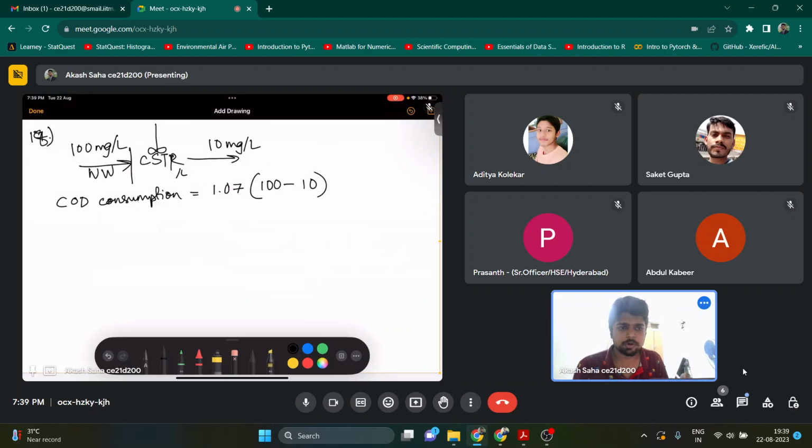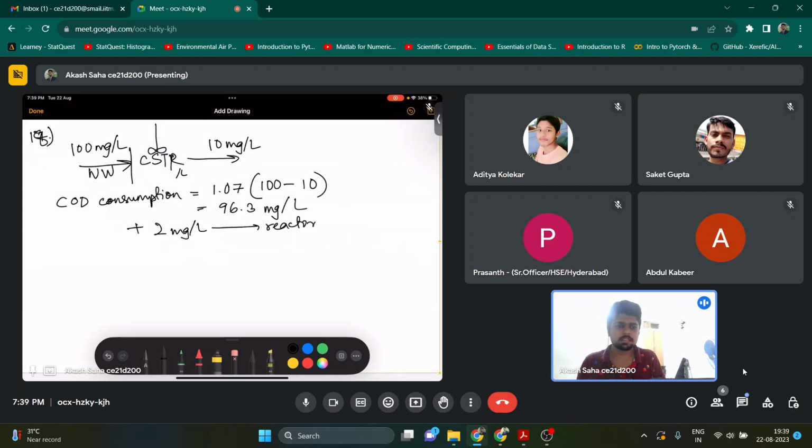So it will be 96.3 milligram per liter. So this much COD has to be removed in the system with the help of oxygen, meaning in terms of oxygen, this much oxygen is required. And also we have to maintain plus 2 milligram per liter in the reactor.